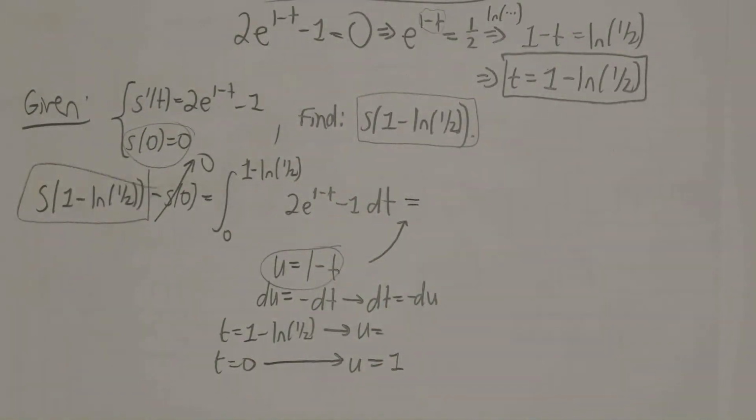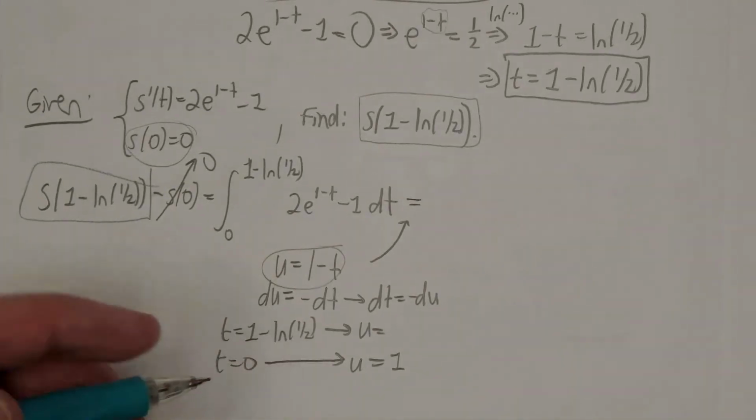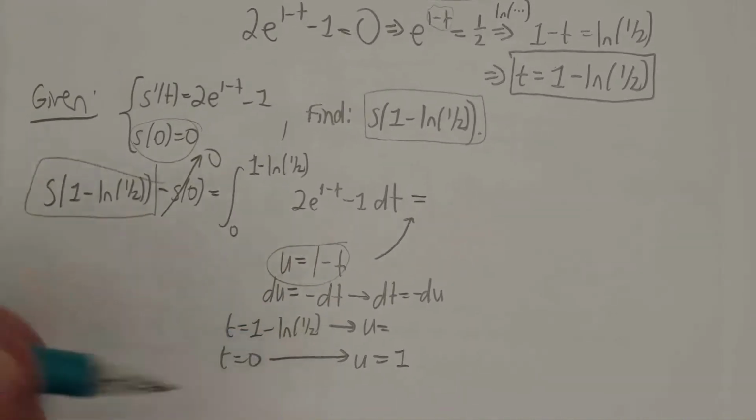But then what does the upper bound become? So if t equals 1 minus natural log 1 half, then u would equal what? Yeah, just natural log 1 half, right?